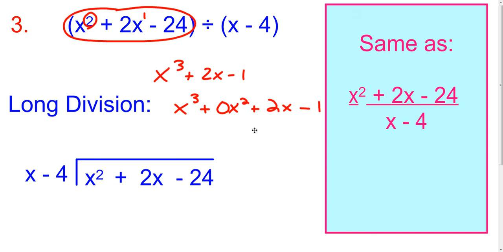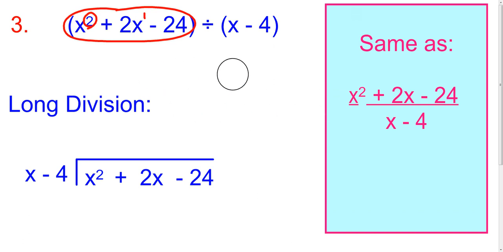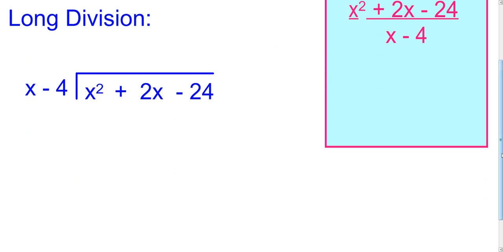So if you're missing one of those terms as your exponents are going in descending order, make sure you fill it in with a 0 or things are not going to come out right, okay? In this case, I'm not missing anything. It does go from x squared to x to the first to x to the 0, so I'm good to go.